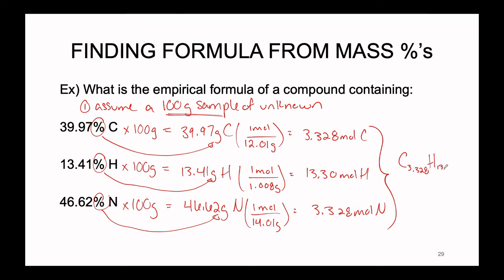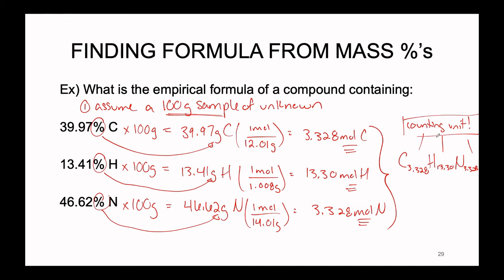We have 13.30 moles of hydrogen, and we have 3.328 moles of nitrogen, which means we have roughly 3 to 13 to 3 parts of carbon to hydrogen to nitrogen, respectively. Right, and this only works if we are in the unit of the mole, because the mole is a counting unit. We want each of these ratios here to be in a type of a counting unit. Super, super important. This won't work unless we're in the mole.